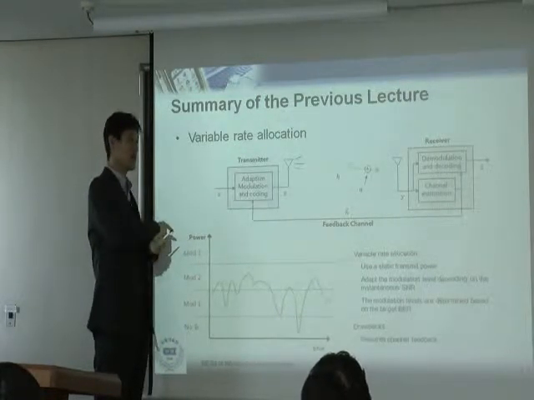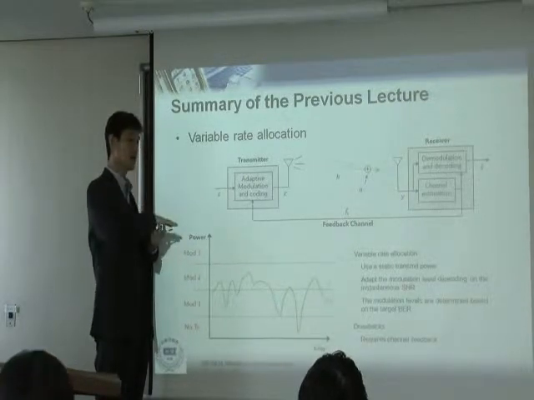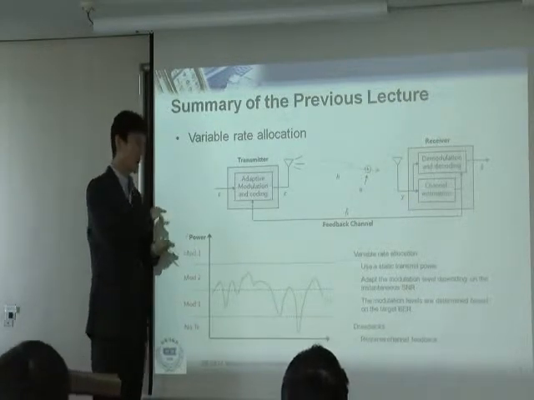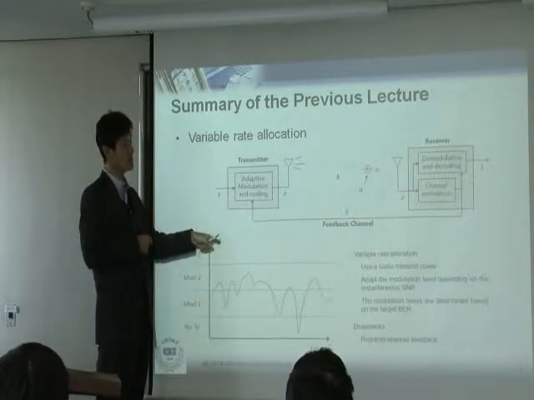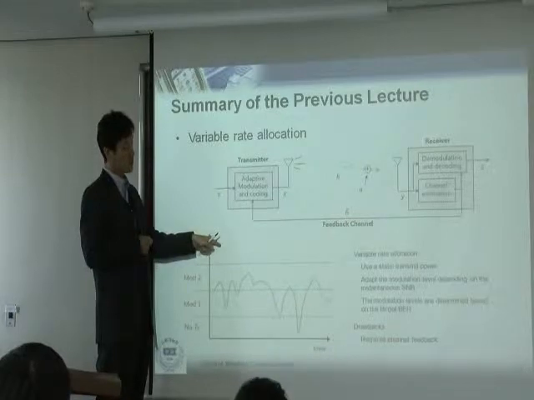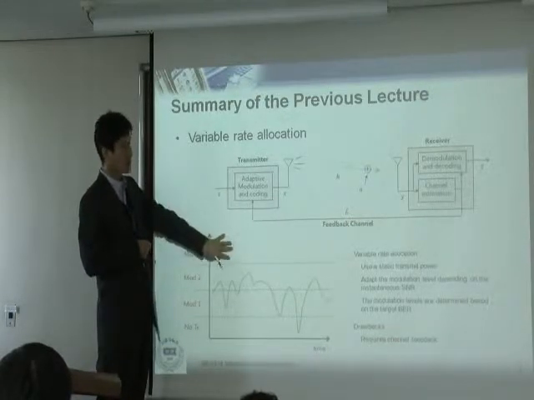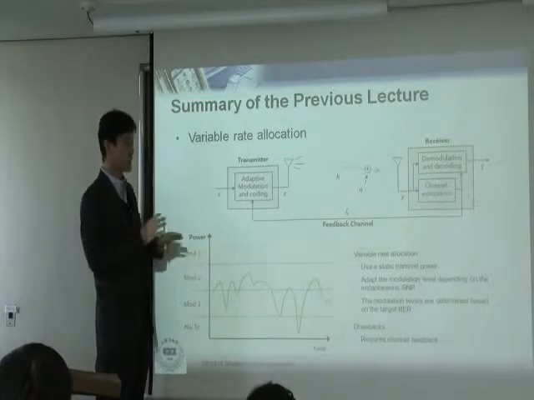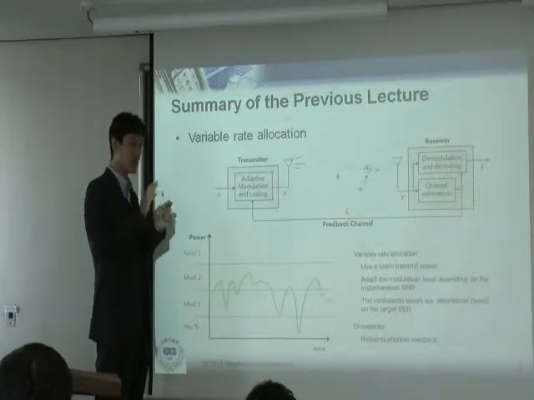Whereas in the previous case, we want to keep a low bit error rate. So bit error rate is our metric in the previous variable power system. In this case, bit error rate is probably not our goal. In adaptive modulation, as long as my target bit error rate is satisfied, then I'm okay.